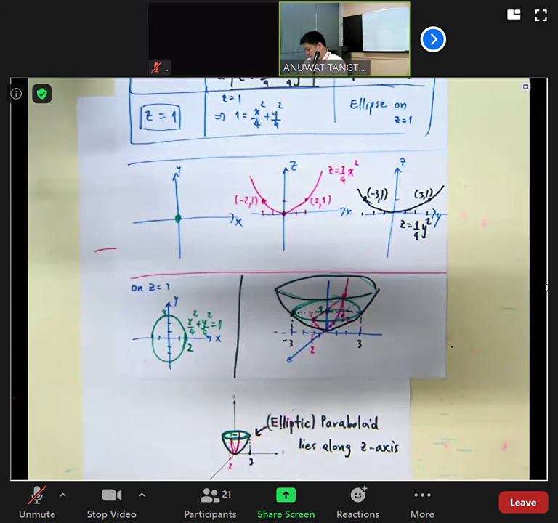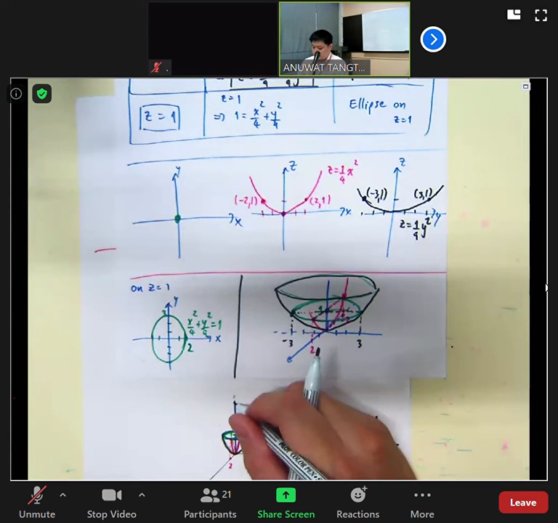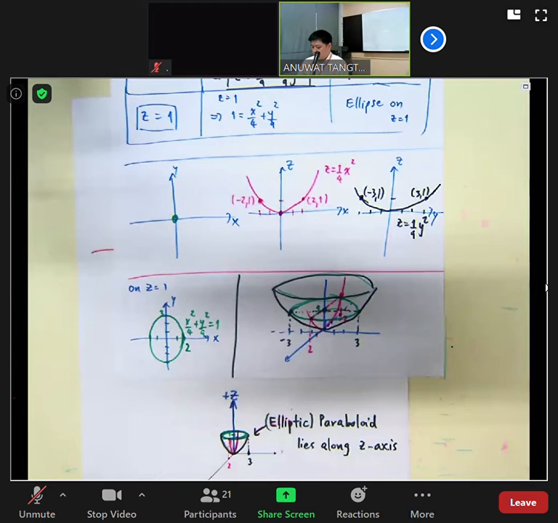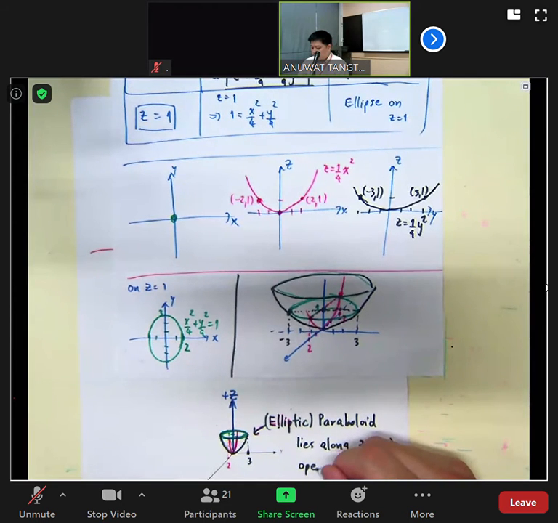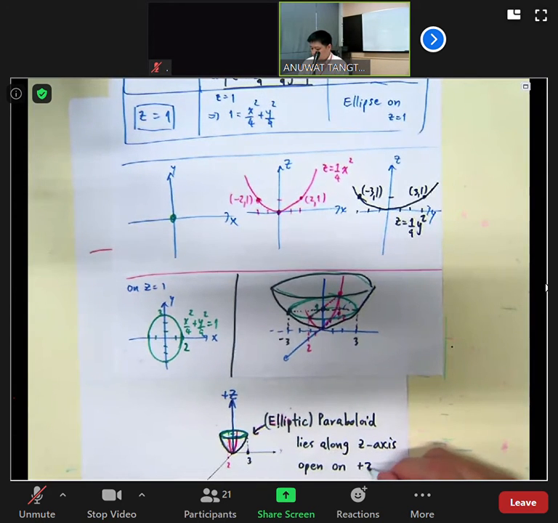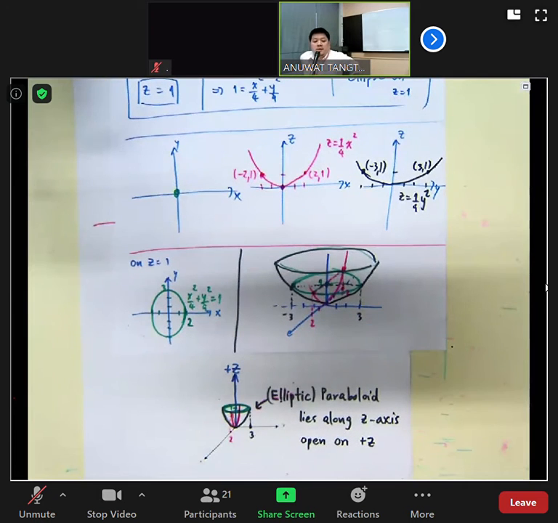Here's the z-axis, and it opens on positive z. Okay, that is the elliptic paraboloid lying along the z-axis and opening on positive z.